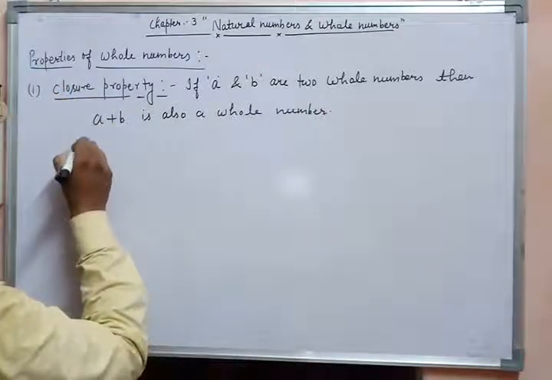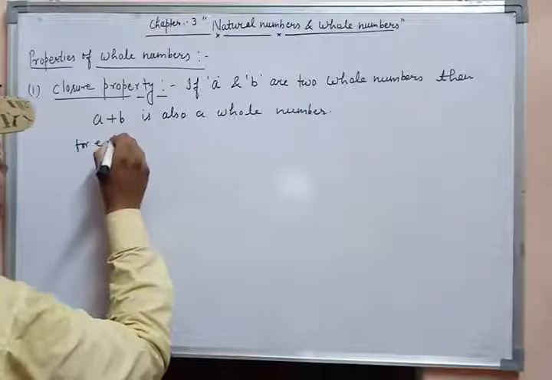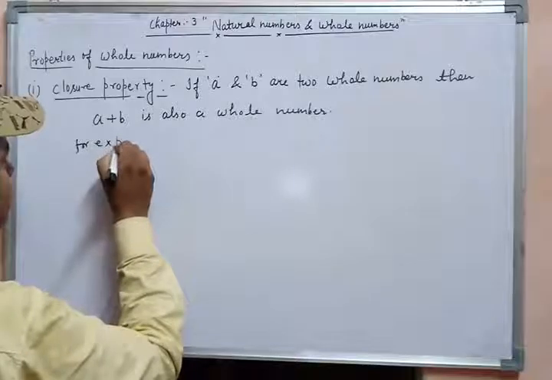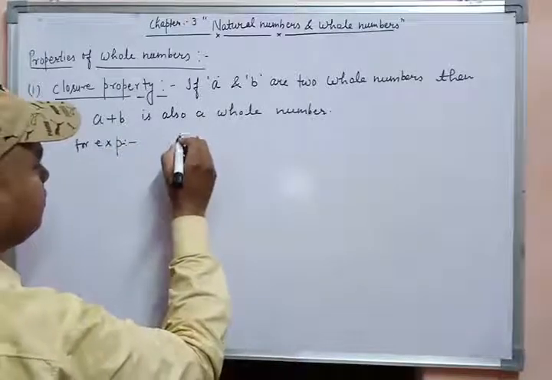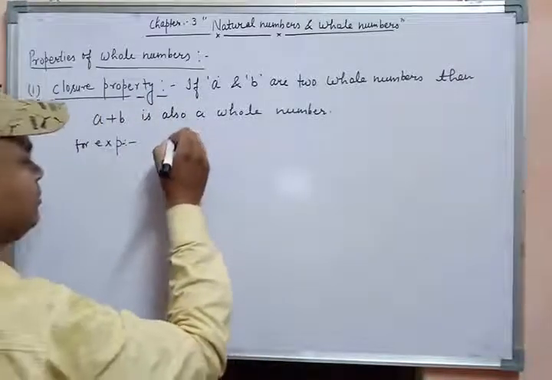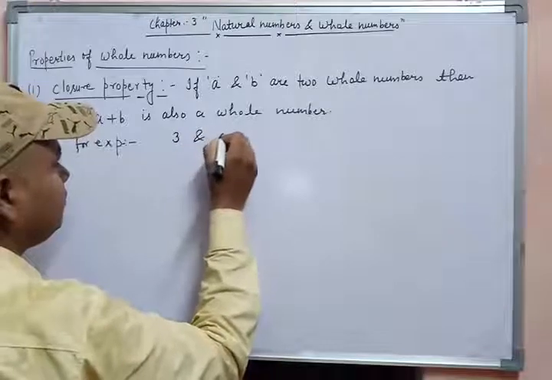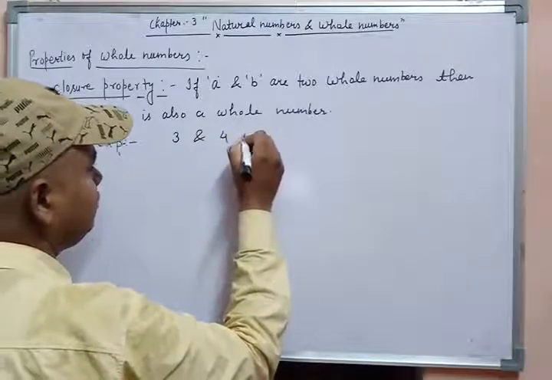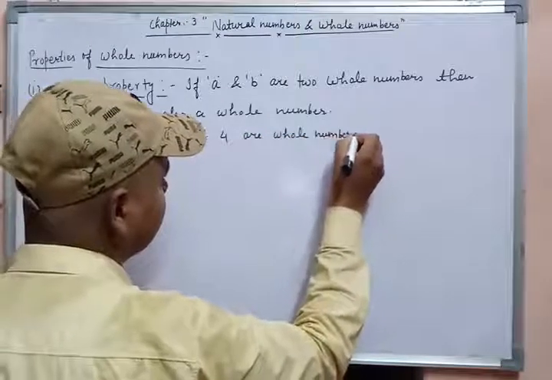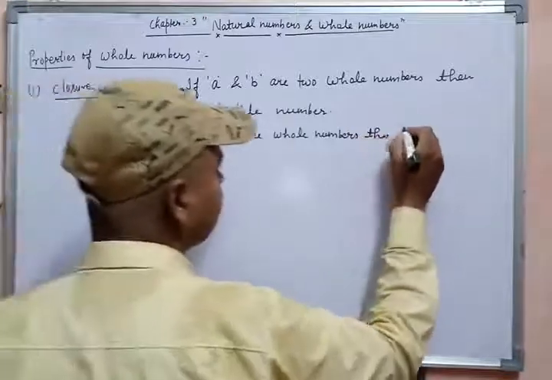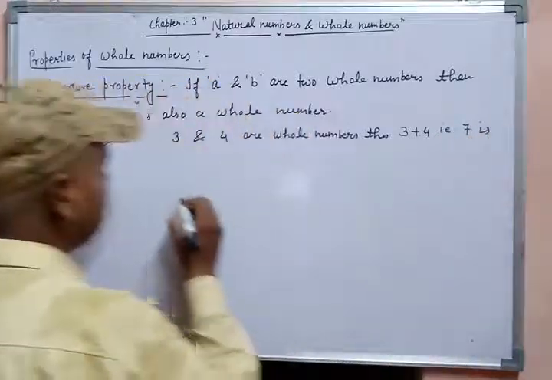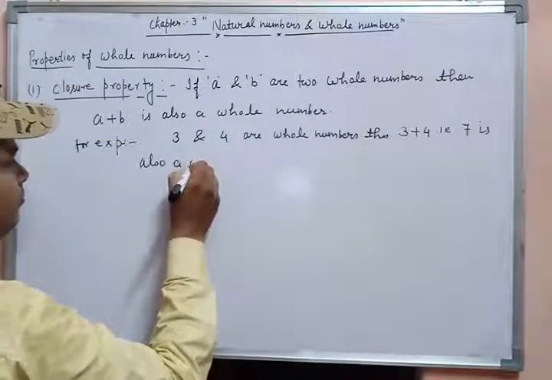Now for example, suppose 3 and 4 are whole numbers, then 3 plus 4, that is 7, is also a whole number.